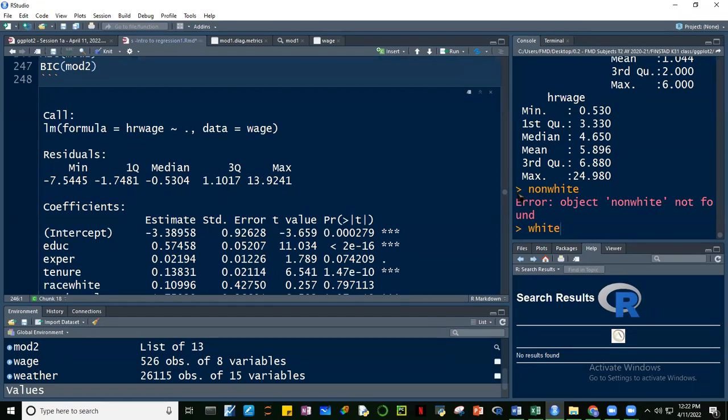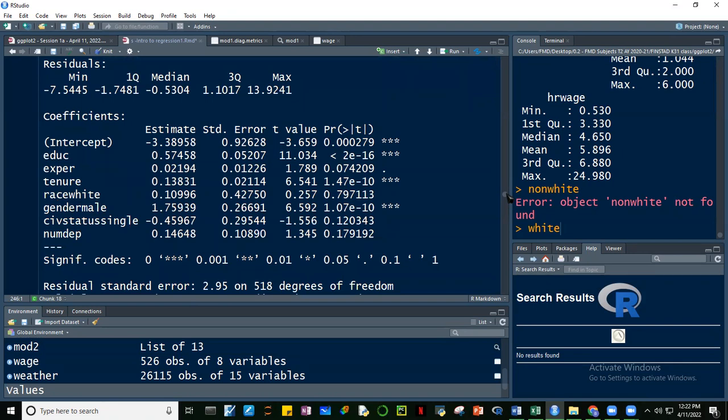So we already know that R made dummy variables. But the question is, which one did it make 0, and which one did it make 1? That's important, guys, when we set the equation.